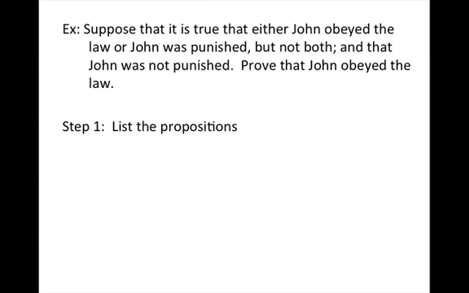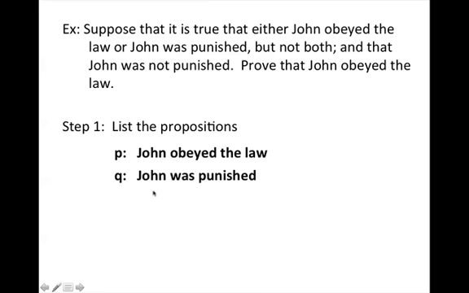So step 1, we're going to go through this proof and list our basic propositions. As I'm reading through this, it says, suppose it's true that either John obeyed the law. So the first basic statement I'm told is John obeyed the law. I'm going to let that be my P. The second thing I'm told is John was punished.